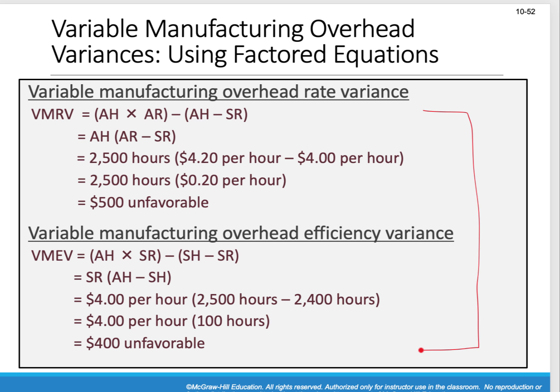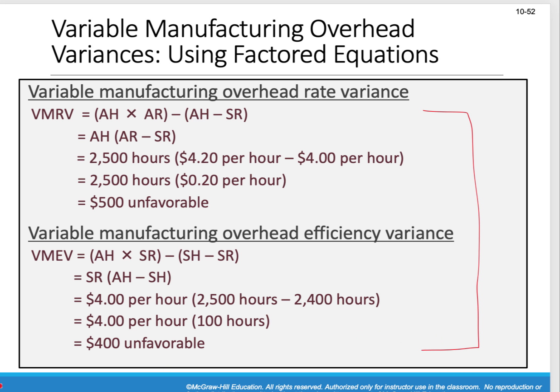The actual hours times the difference between the actual rate and the standard rate. To figure out the variable manufacturing efficiency variance, you hold the standard rate constant and you multiply that by the difference between the actual hours and the standard hours.